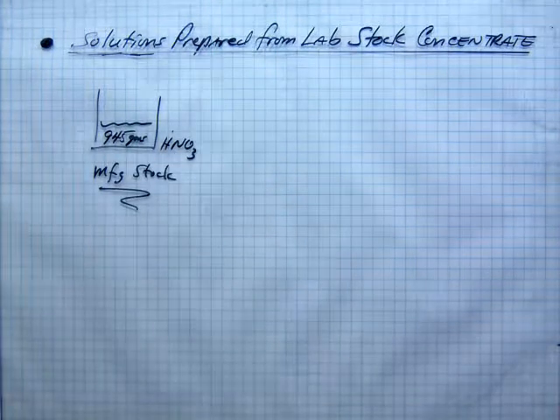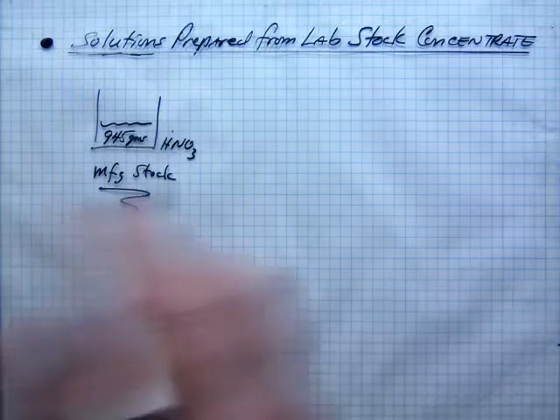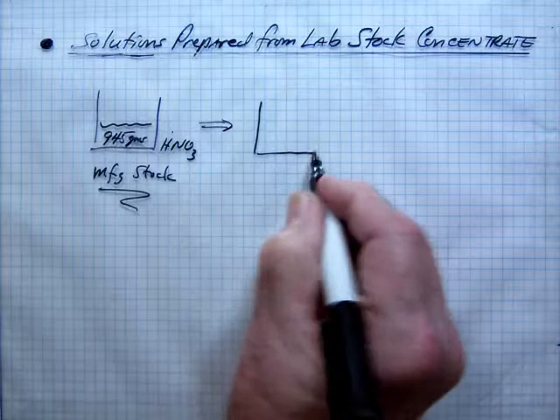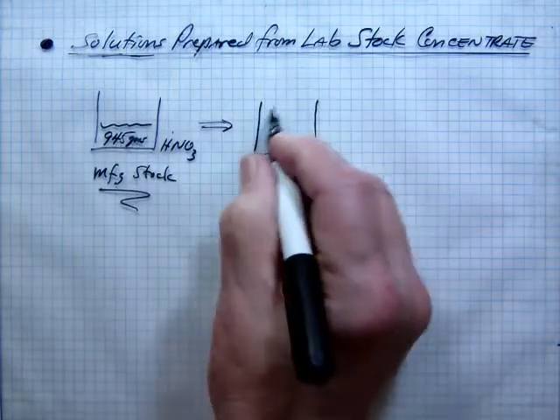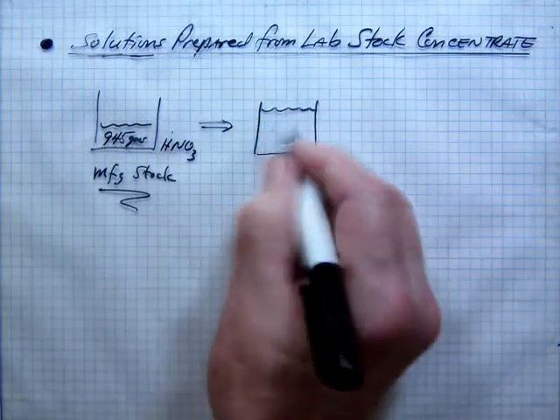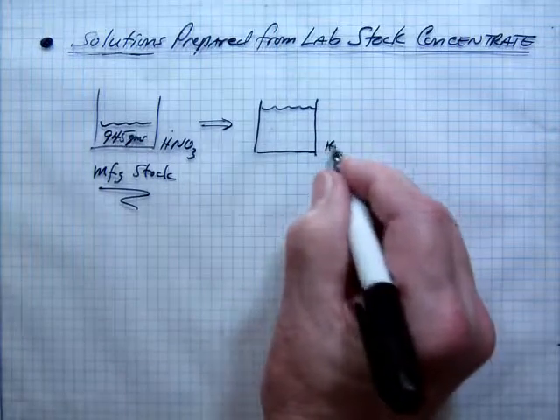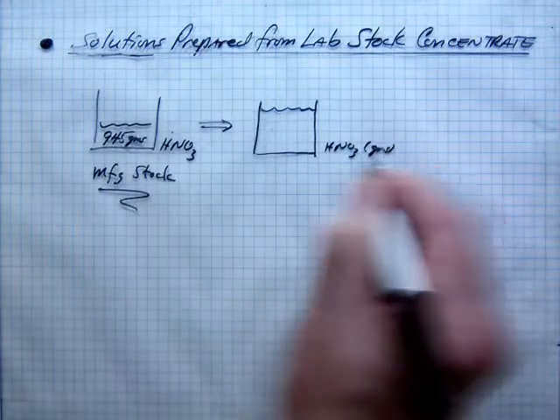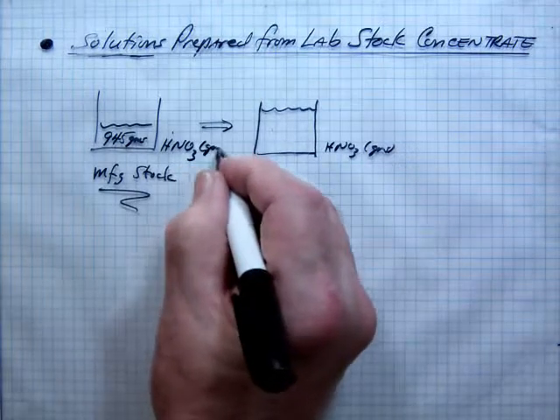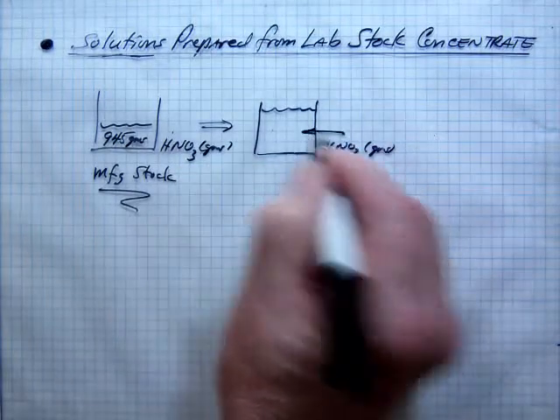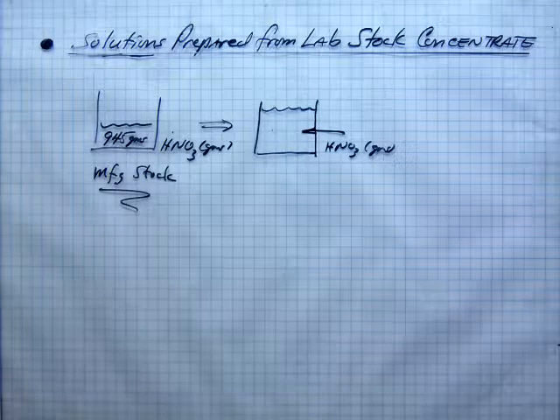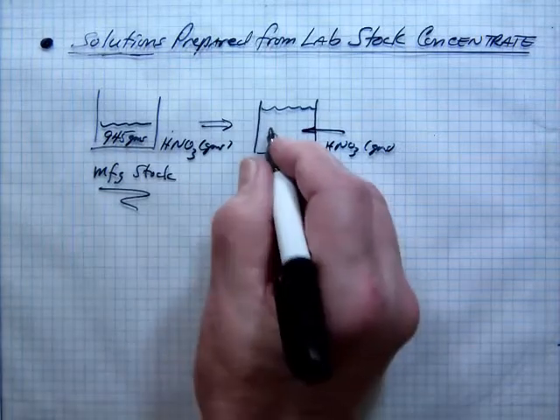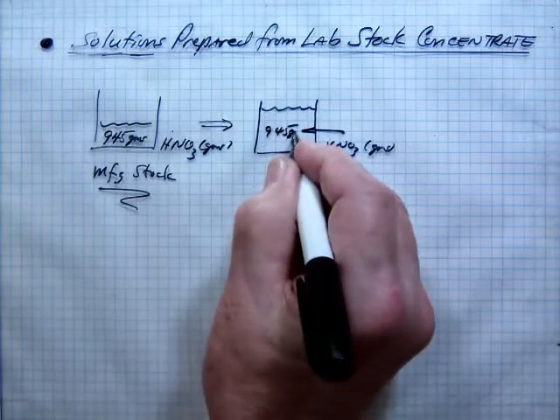I'm just taking this as a hypothetical. You double the volume, and it's the same question I asked the other day. How much weight of HNO3 do you have now? Remember that question? Regardless of how you dilute it, you still have the same mass. You still have 945 grams.